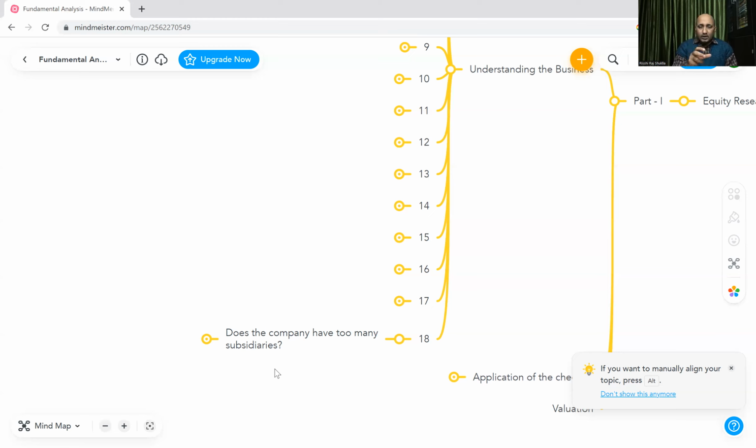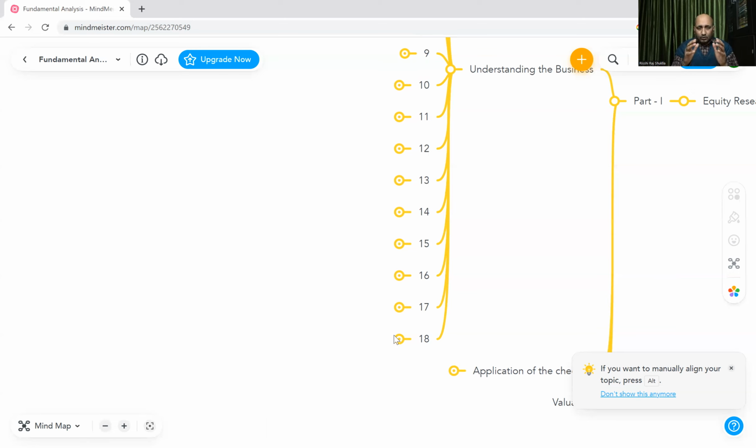So we have to see how many subsidiaries they have, for what purposes, whether they are contributing to the main business or not, and whether there are too many inter-party transactions.